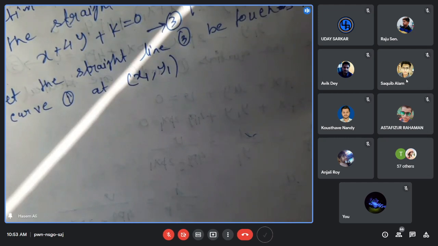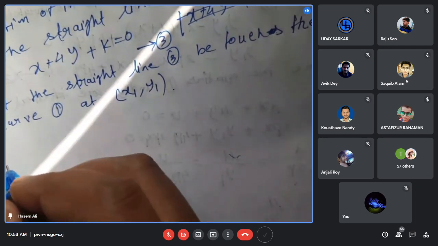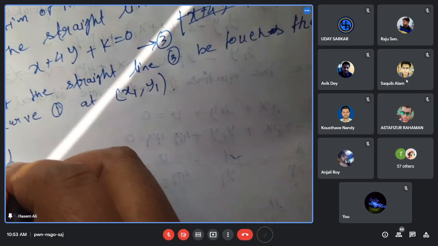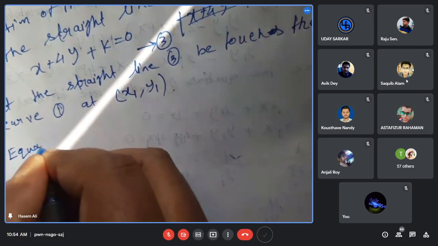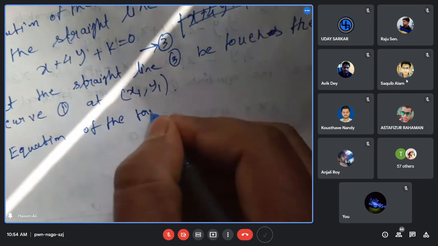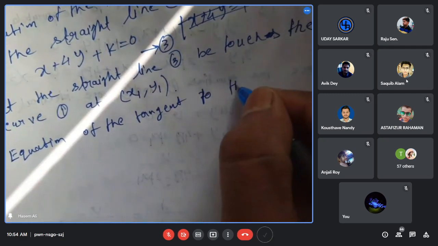Then, as in the previous problem, the equation of the tangent to the curve at x1 y1 will be as follows.